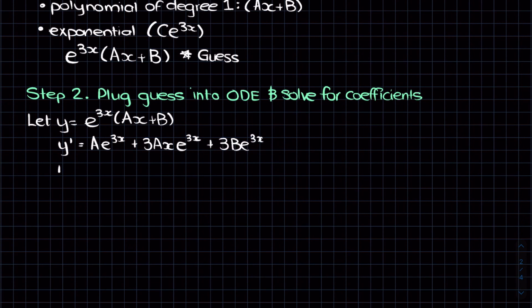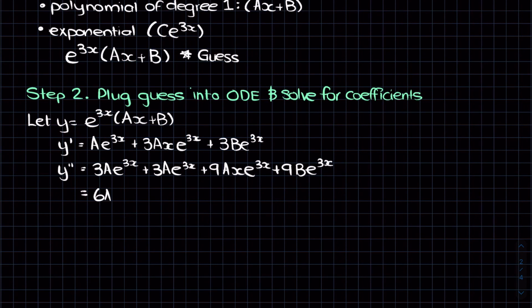And then that means y double prime is 3a e to the 3x plus 3a e to the 3x plus 9ax e to the 3x plus 9b e to the 3x, which can be further simplified to 6a e to the 3x plus 9ax e to the 3x plus 9b e to the 3x.